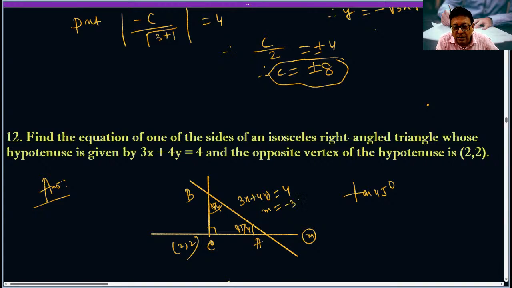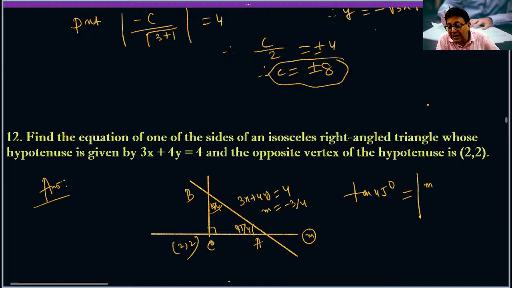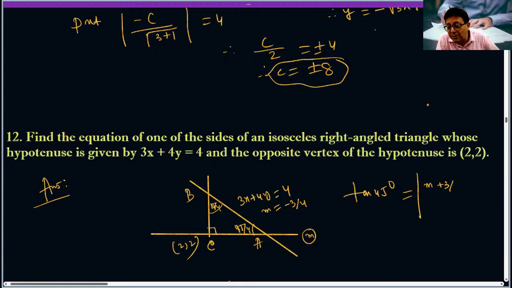M is what? Minus 3 by 4 and this is M. I have asked you this one. M minus 3 by 4. Remember it? Yes. M1 minus M2 by 1 plus M1 M2.